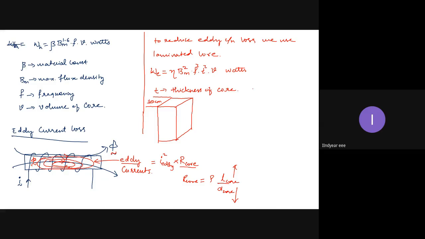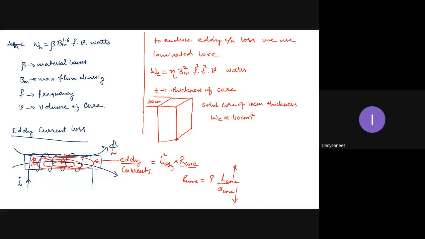Okay, so my eddy current losses with solid core of 10 centimeter thickness. My eddy current losses is proportional to 10 centimeter square. Rest all things will remain constant because volume of the core I can't change, whether you use lamination or don't use lamination. So operating frequency, flux density, material will remain same.